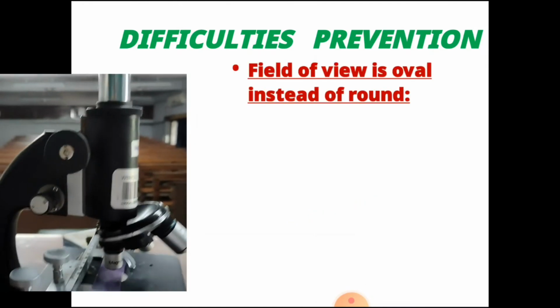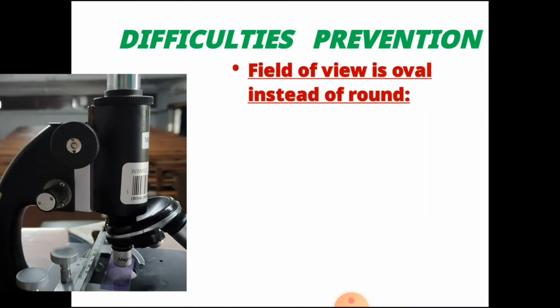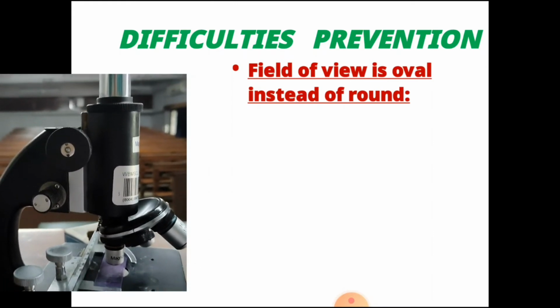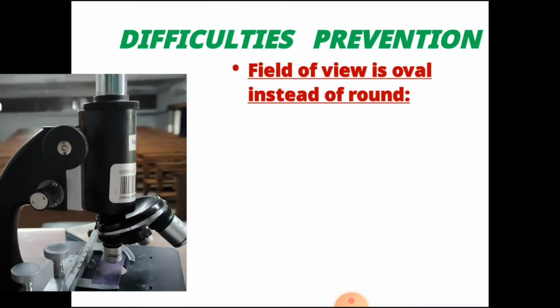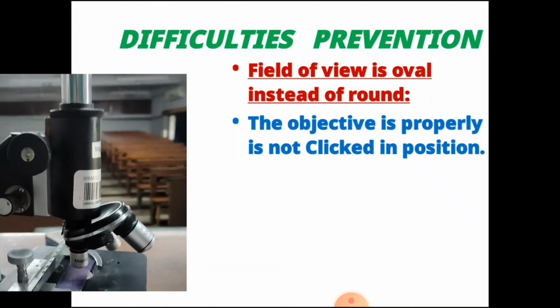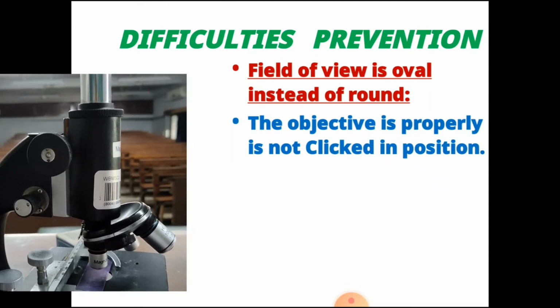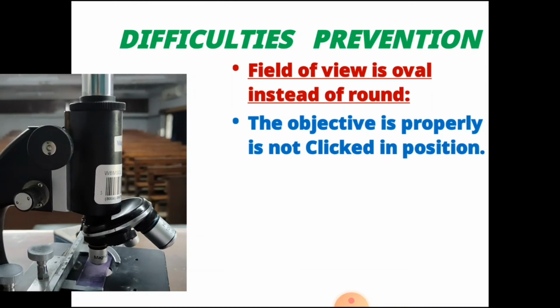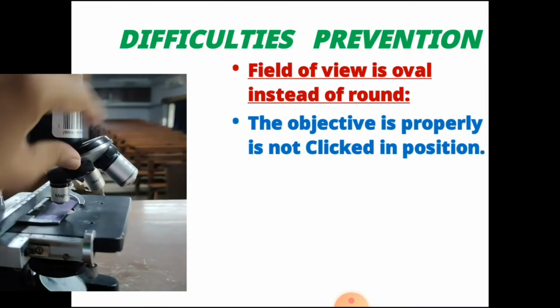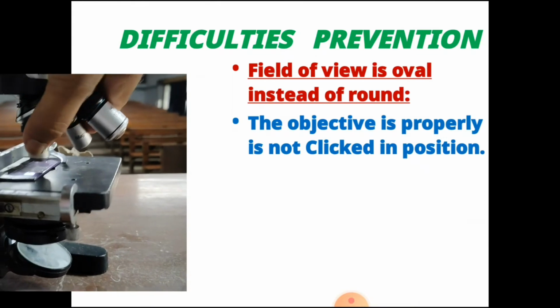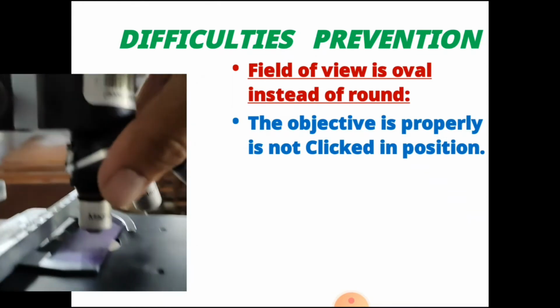Next difficulty is the field of view is oval instead of round. How to solve the problem? The objective is not clicked in position. So always listen for the clicking sound.